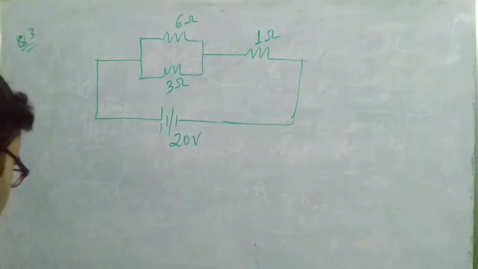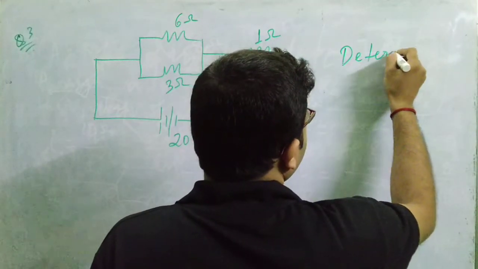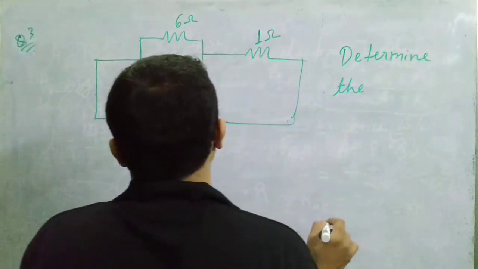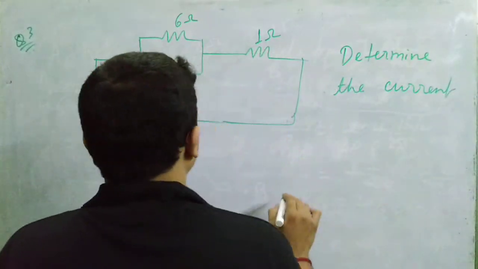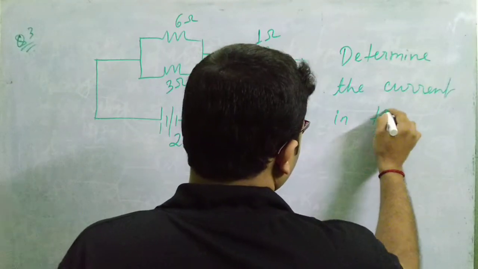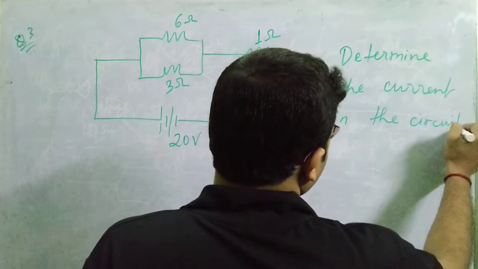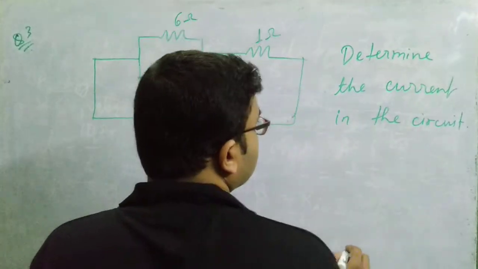The question says, determine the current in the circuit, total current. Okay, in the circuit, total current.